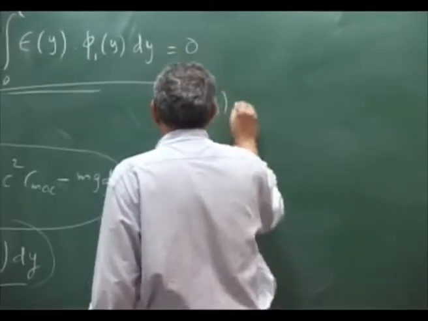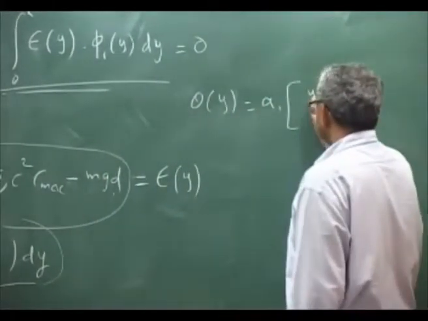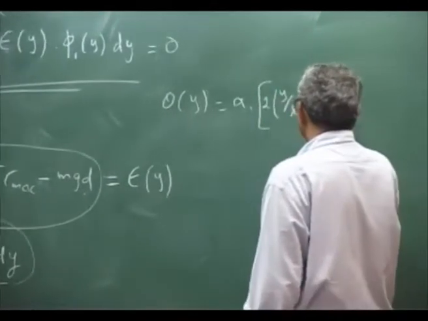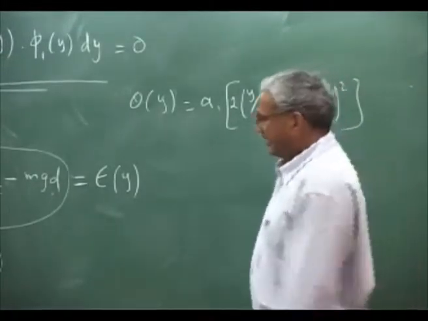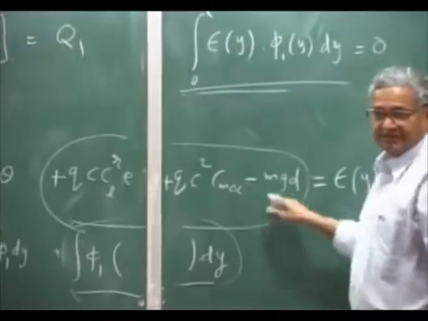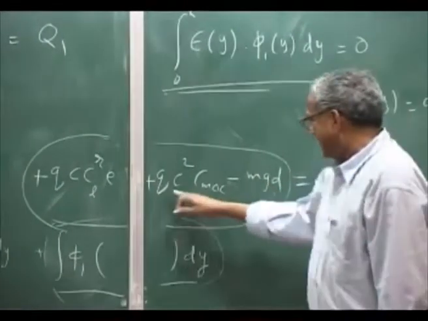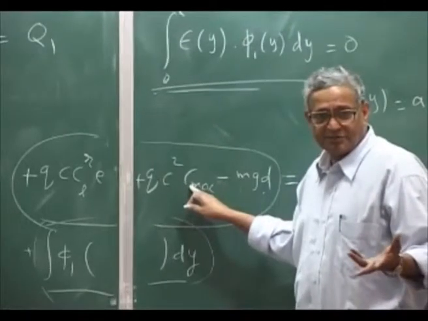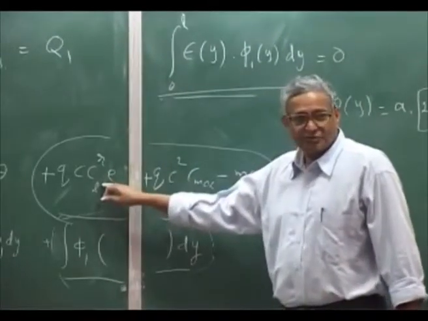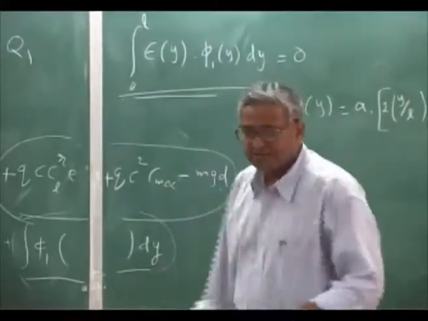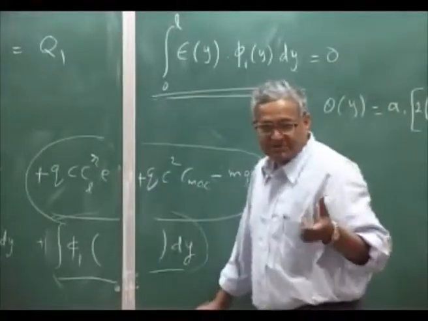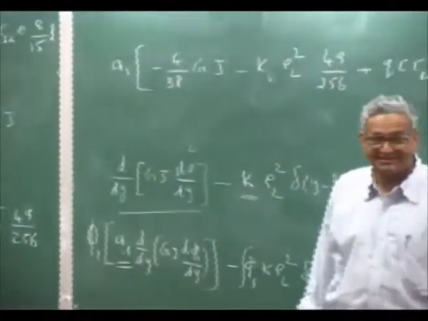Because we assume that theta y is A1 into y over 2y over L minus whole square. And you know these quantities, the weight of the wing, and this CMAC, whatever is the moment coefficient corresponding to that, CLR, whatever initial angle of attack, alpha r. If they are all given, you know for every dynamic pressure, what is my A1, you can calculate.